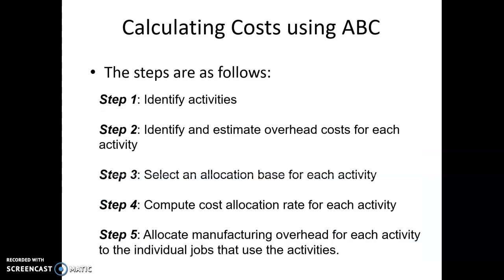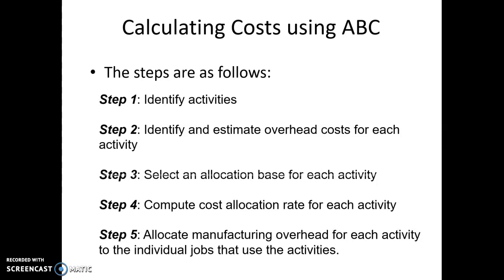So here are the steps to using activity-based costing. When you want to implement activity-based costing, you'll have to do a study and look at all of your processes. And so identifying the activities is the first step, and this is very costly. And then you'll have to estimate the overhead cost for each activity.